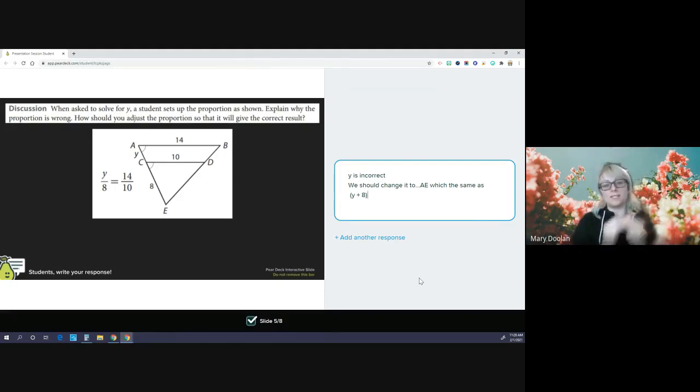Because if you take the piece AC and the piece CE, we know that the small section is Y, the other section is 8. We add those two sections together, then we get Y plus 8. So you can change the way this is set up so that your numerator right here is actually Y plus 8, and that would represent the entire side length there.